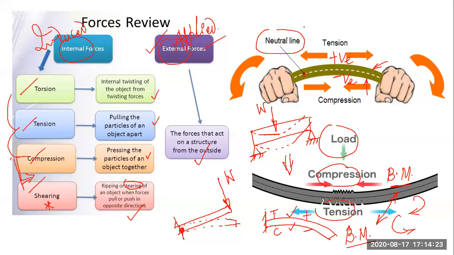Neutral line means there is no tension as well as no compression. And this fiber is called the neutral fiber. And this axis is called the neutral axis or neutral line.